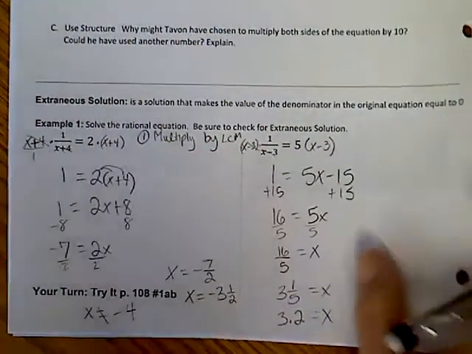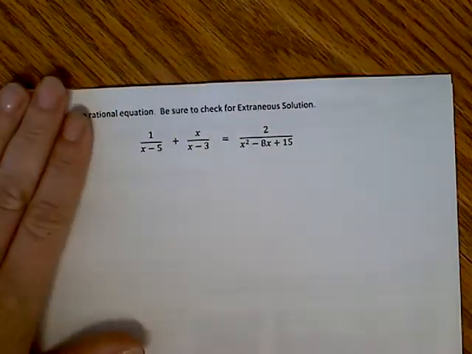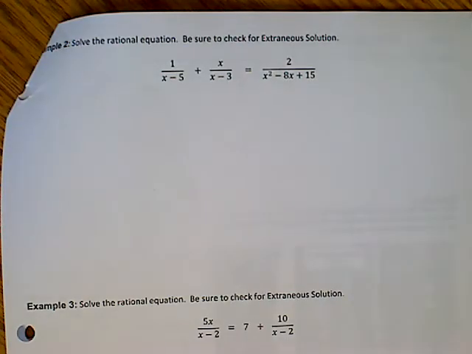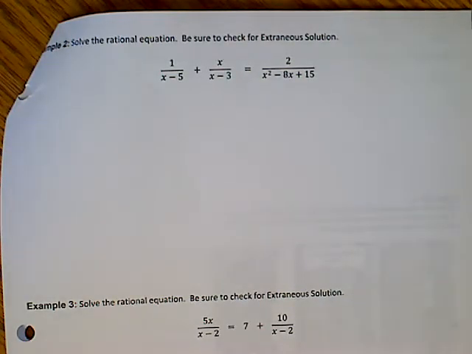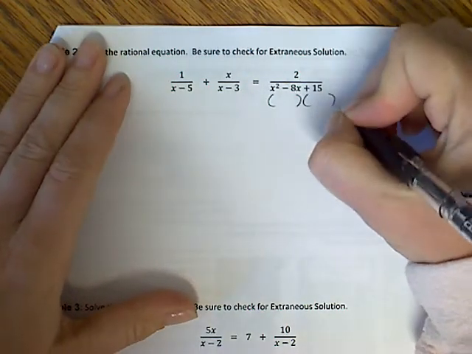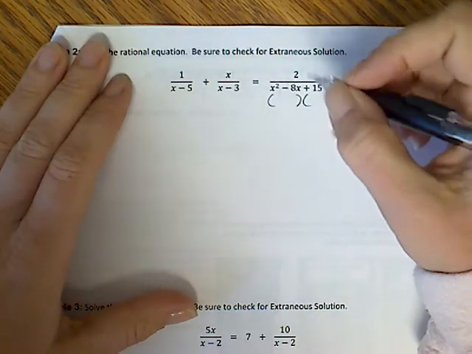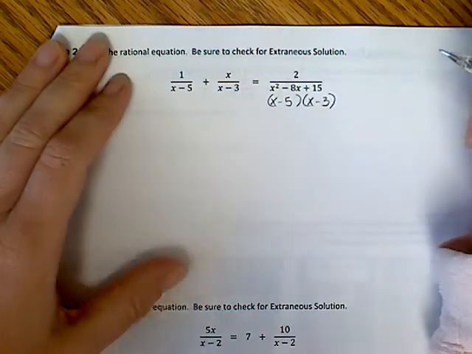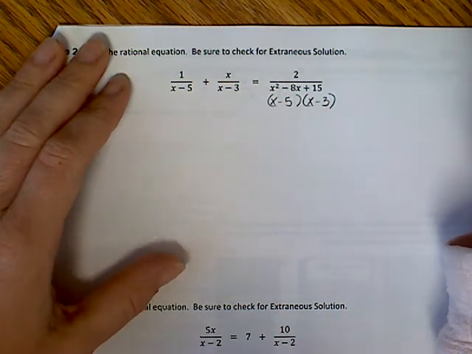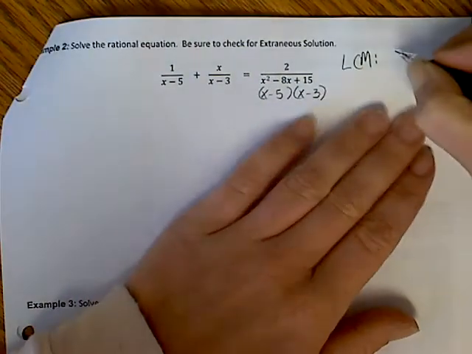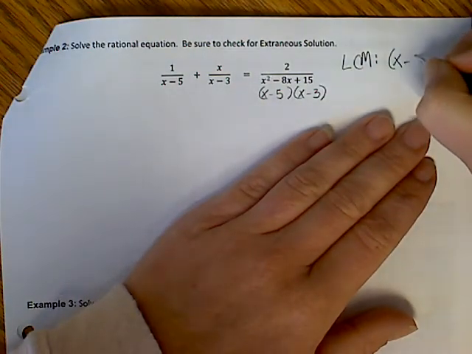In this case, there only happened to be one denominator, so that was really easy. But, all right, woohoo! Now I need to figure out what the common denominator is, which means I need to factor this denominator. And it turns out it's x minus 5, x minus 3, which is great. So my LCM is the two parentheses.